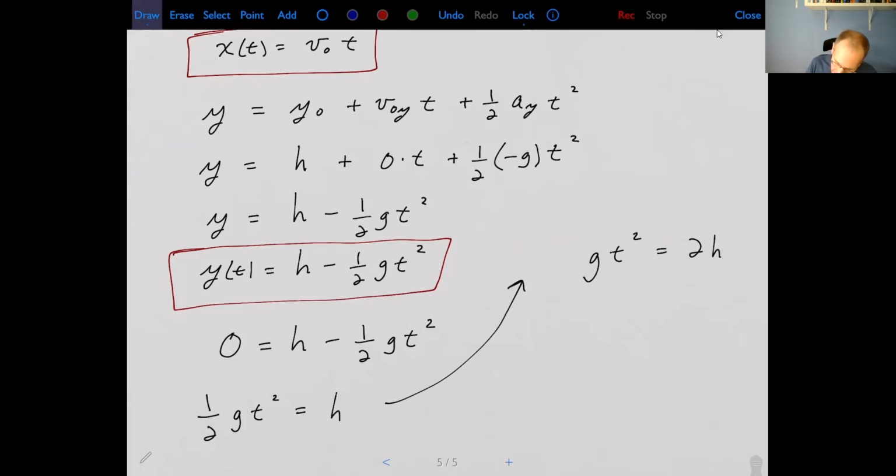So I get G T squared is equal to 2H. Then I divide by G, and finally take the square root of both sides. And you're going to get T is equal to the square root of 2H over G. So this is another way of calculating that time, but that time is simply the time of flight of the ball. So this is the time of flight.